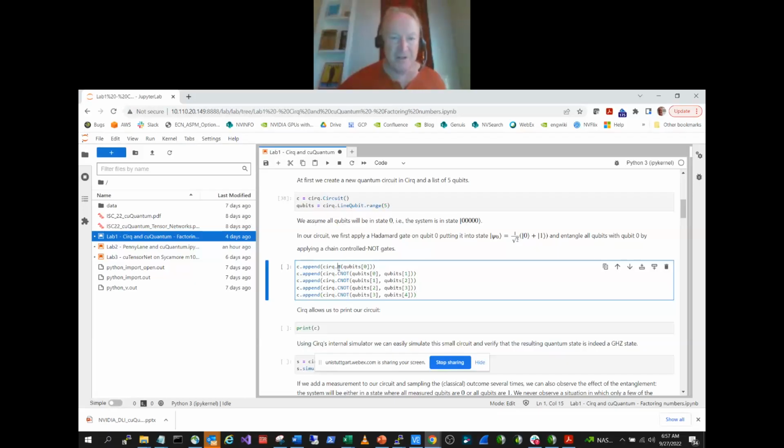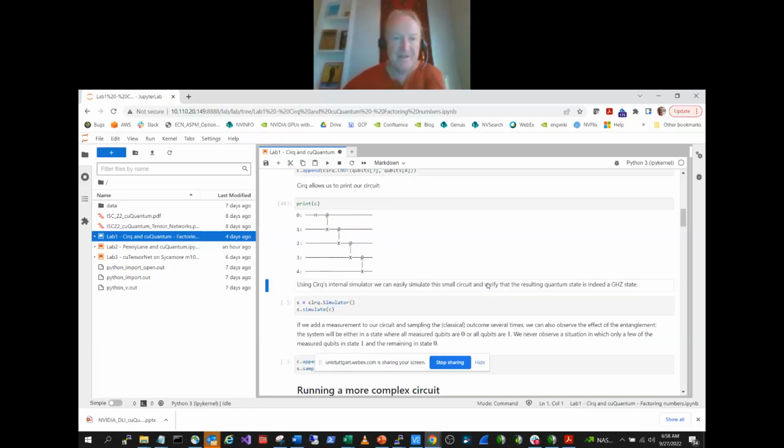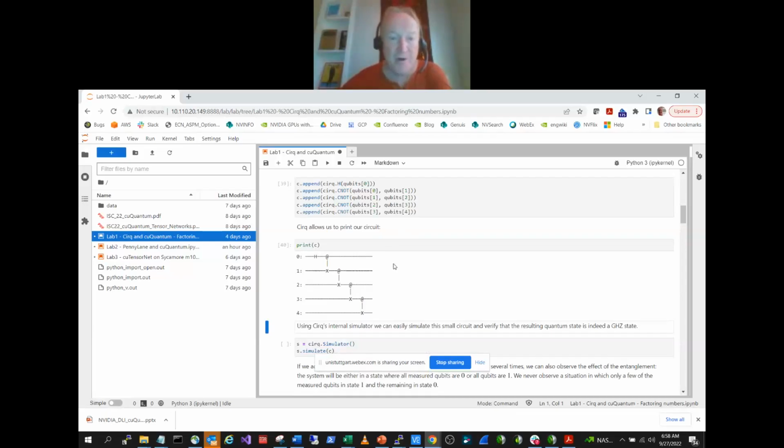We start with qubit 0 and then do this lattice of CNOT conditions across those to create the entanglement. And this is the output, how we represent the quantum program, which looks like a conventional electric circuit diagram, but it's actually a quantum program.